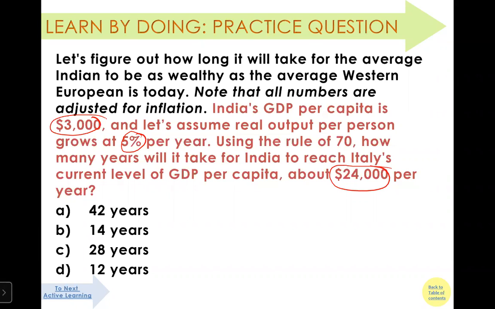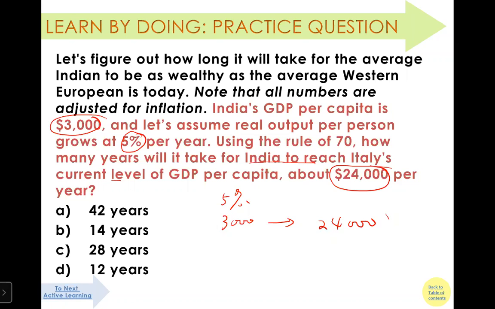The question asks: how many years will it take for India to reach Italy's current level? In other words, with a 5% growth rate, how many years does it take India to move from 3,000 to 24,000?